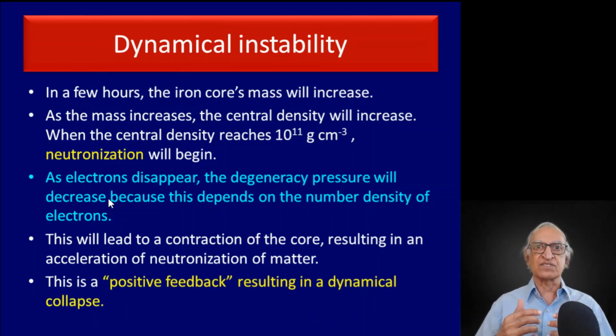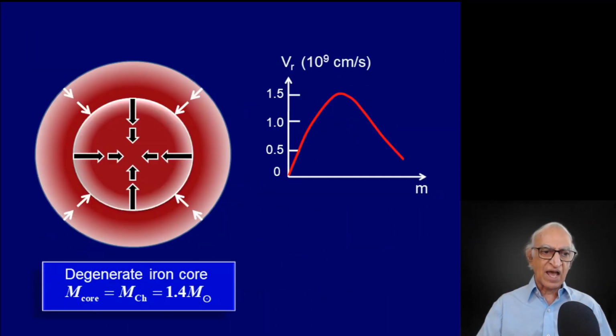As the electrons disappear, the core begins to collapse faster and faster and faster, and there will be a dynamical collapse. So let us see what computer calculations tell us about the nature of this dynamical collapse.